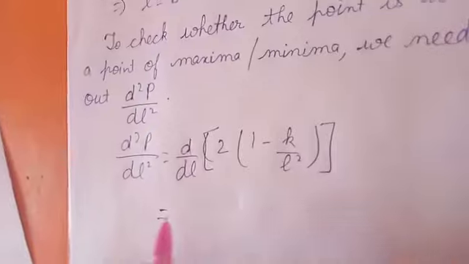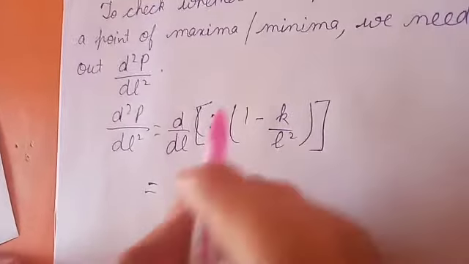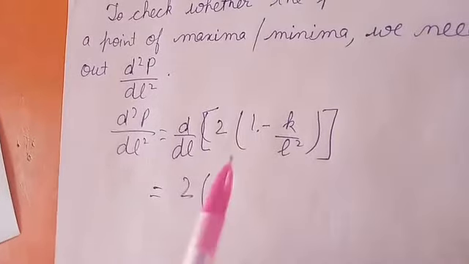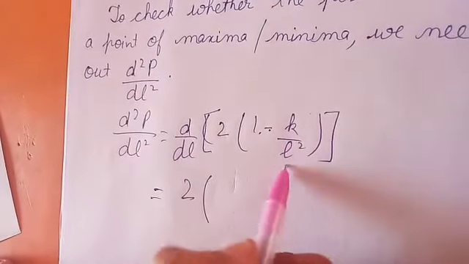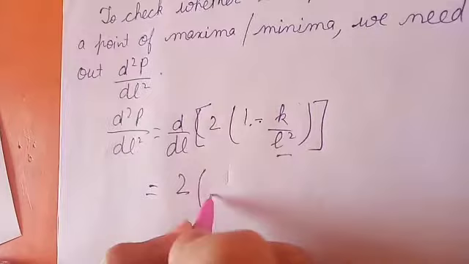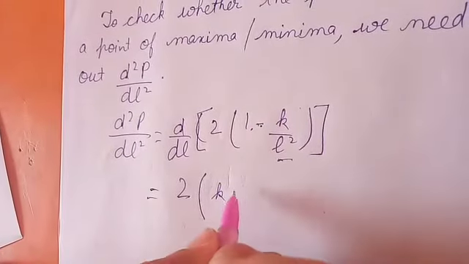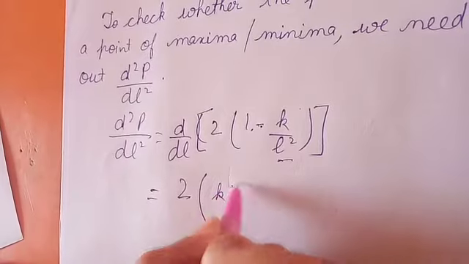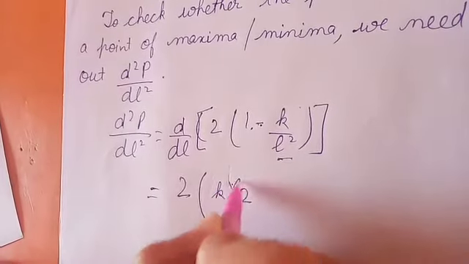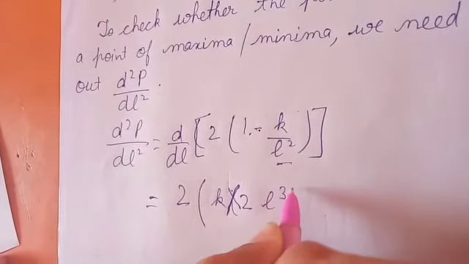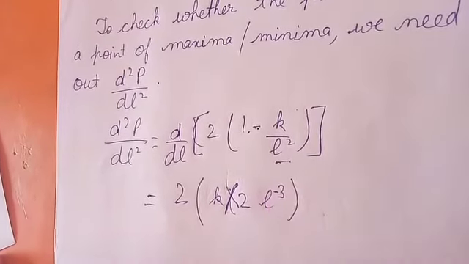So its differentiation will be 2 into, of 1 will be 0 because it is a constant, and of minus K by L square, K is a constant, K remains as it is, minus 1 by L square will be 2 times L raised to power minus 3.